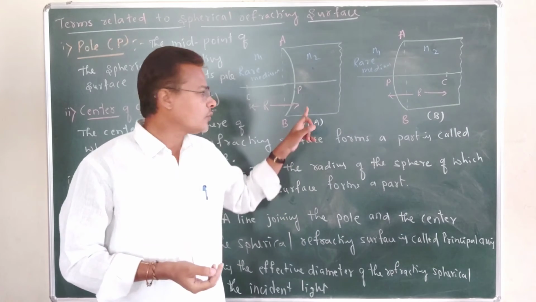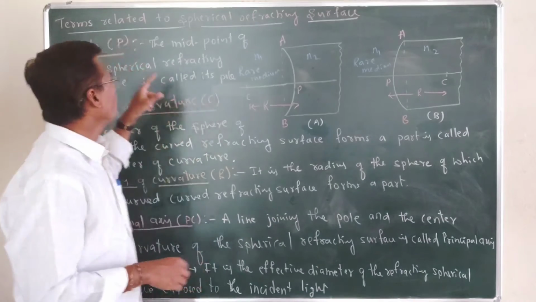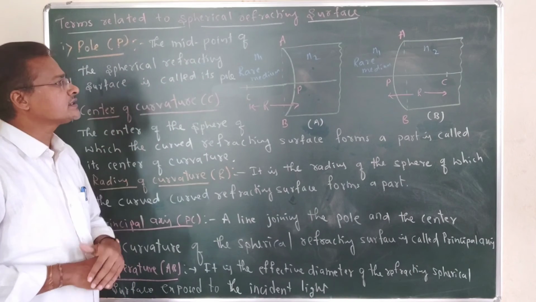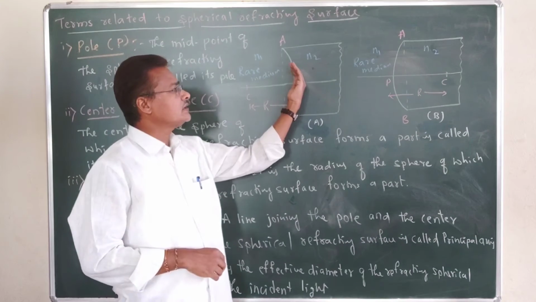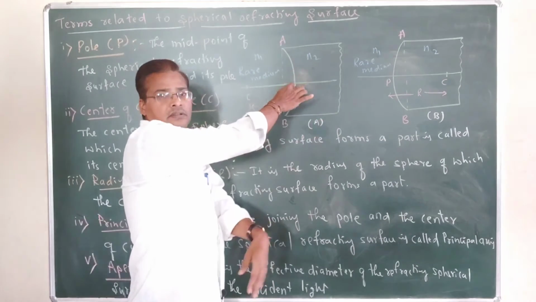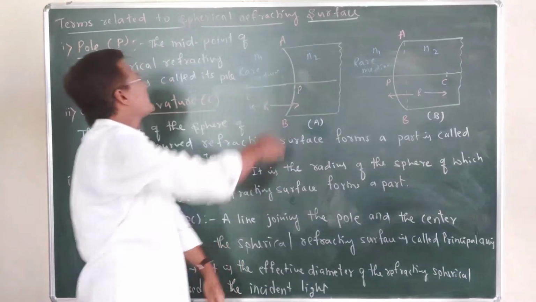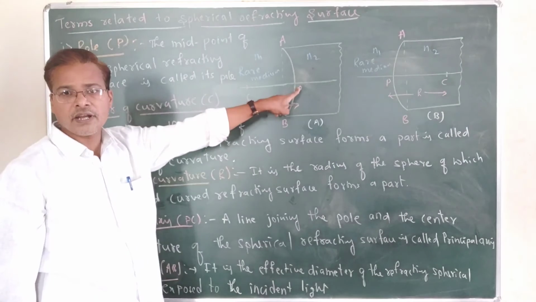First we will understand the pole. The pole is the midpoint of the spherical refracting surface.